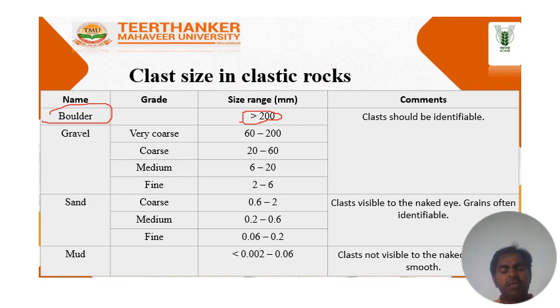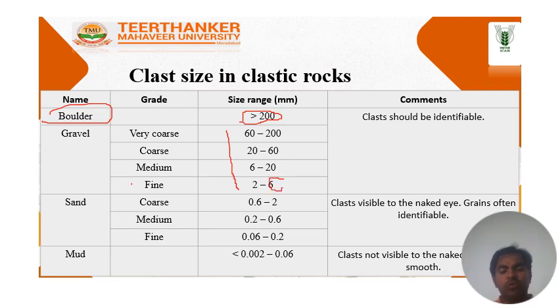Gravels have four categories: very fine gravels, porous gravel, medium gravels, and fine gravels. Their size is also given here, beginning from 60 and ending at 6 mm in diameter.